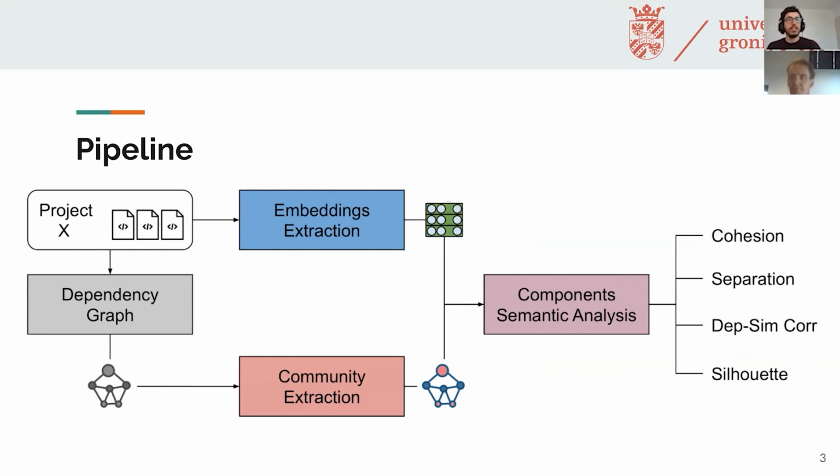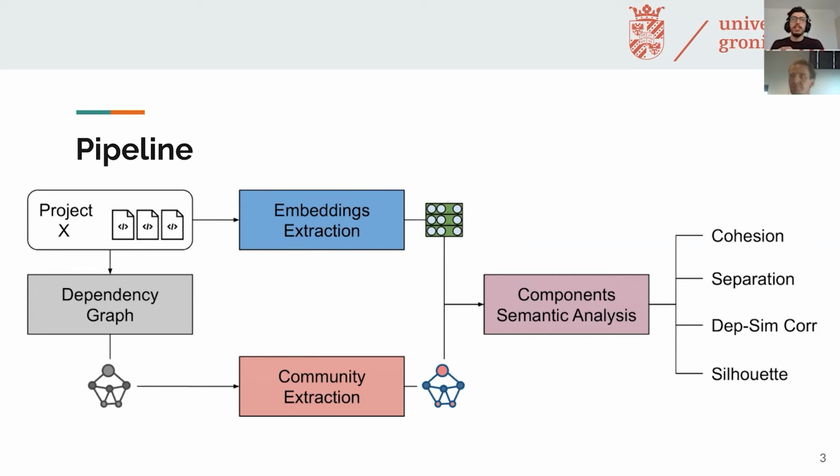In parallel with this, we also do the extraction of the embeddings. So for each file, we create a vectorial representation that we will use in the next step, which is the component semantic analysis, where we align the semantic information with the structural information and measure different metrics: the cohesion, separation, the correlation between the dependency and the similarity of components, and then the silhouette.